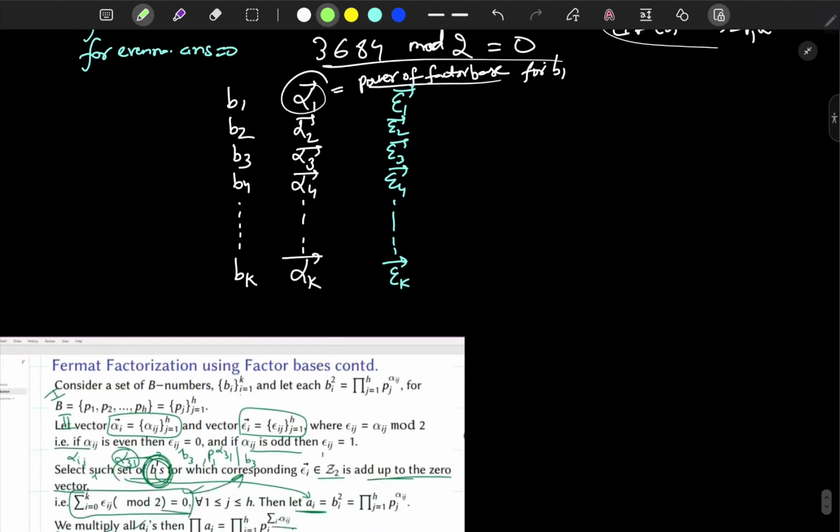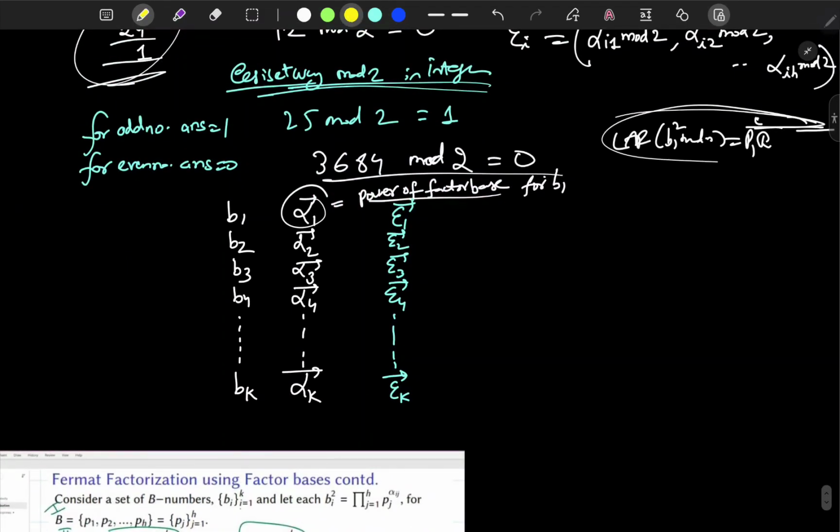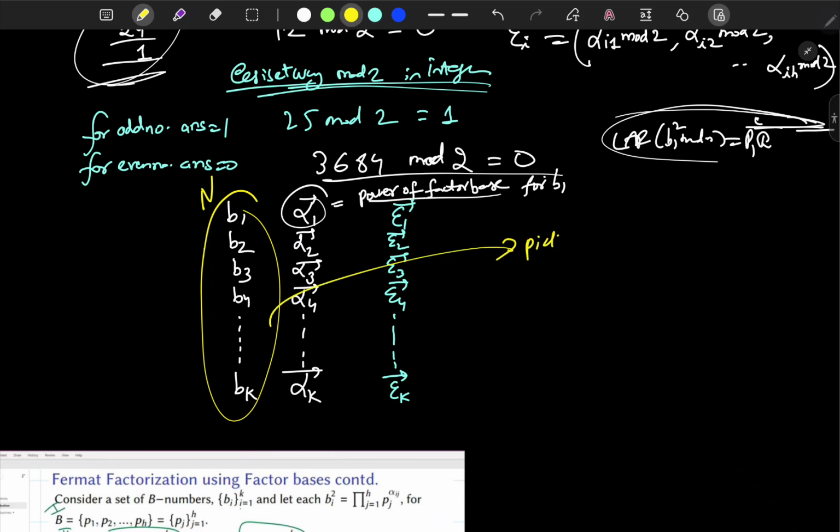Now the step is: select all such Bi's such that the corresponding epsilons add up to the 0 vector. That means pick a few elements from this set.